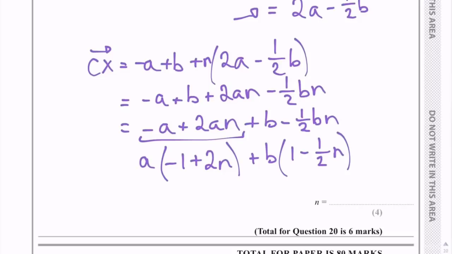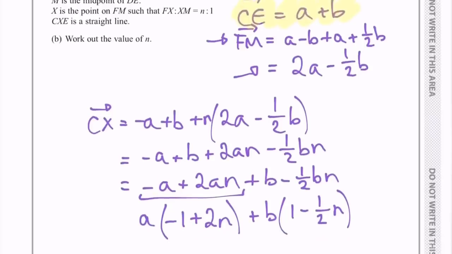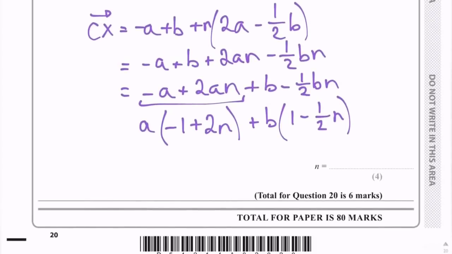Okay, so we're starting to get this little link between that a plus b that we had over here with that one vector that we were looking at. So we've got this a plus b, but we've got these pieces with it, these brackets that are still including this letter n, so we're going to have a look at what we can do here.